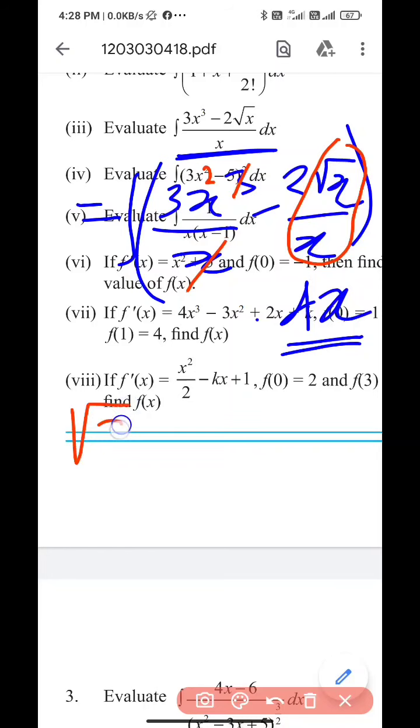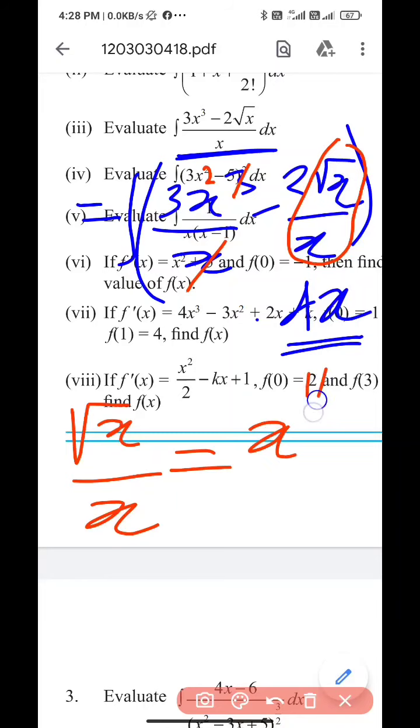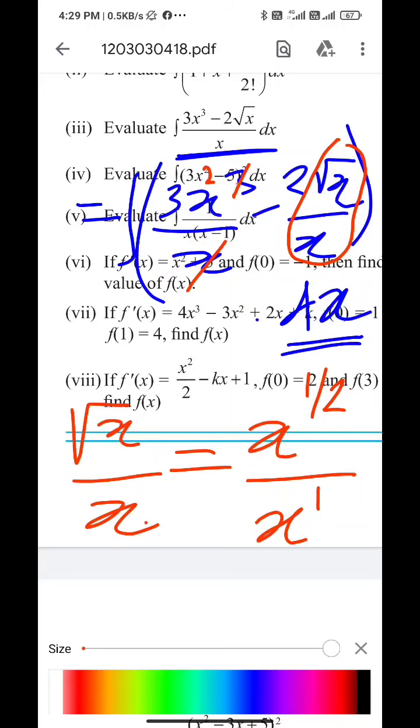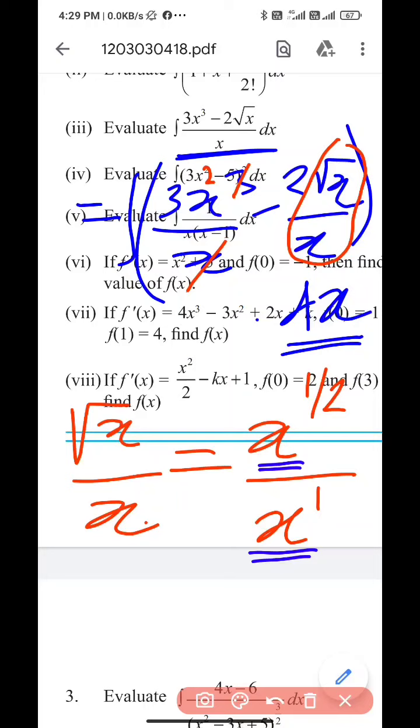This is root x divided by x. Root x can be written in power form as x raised to 1 by 2, right? And x can be written as x to the power 1. We know the rules of indices. If the base is the same and it is in a rational form, we can subtract the powers.